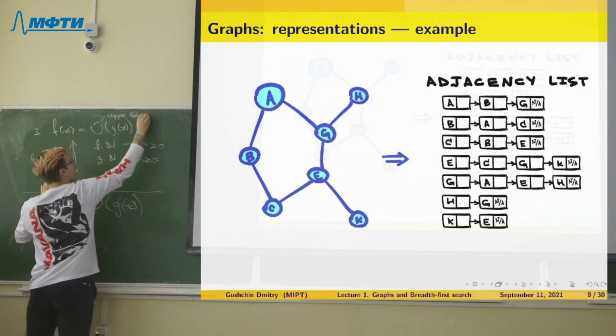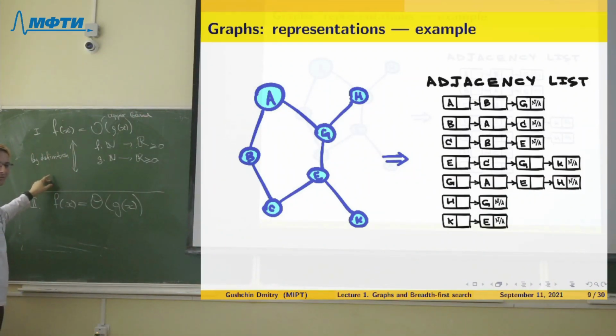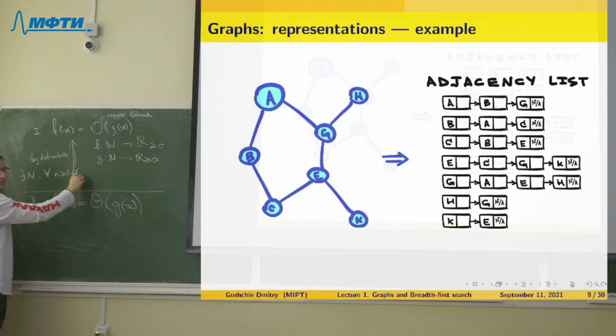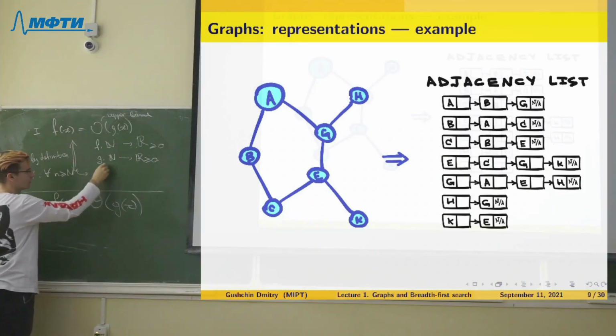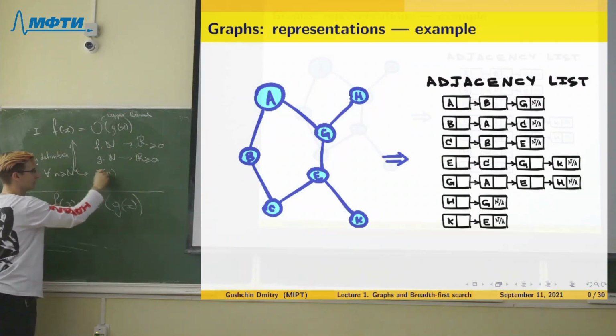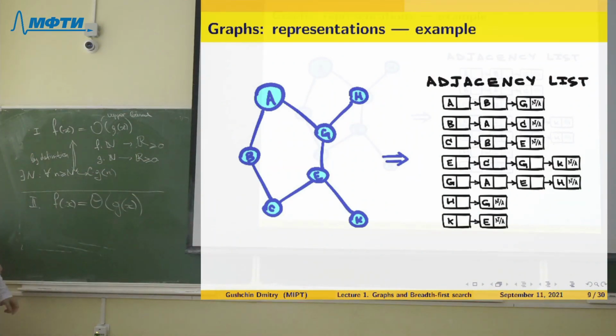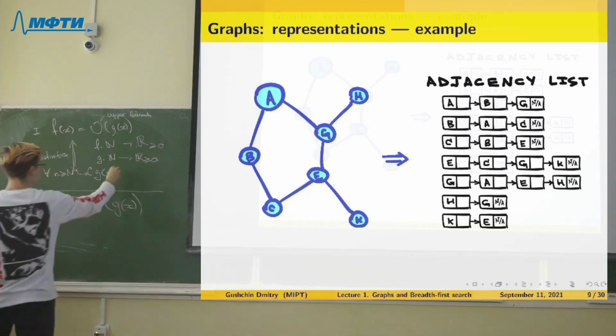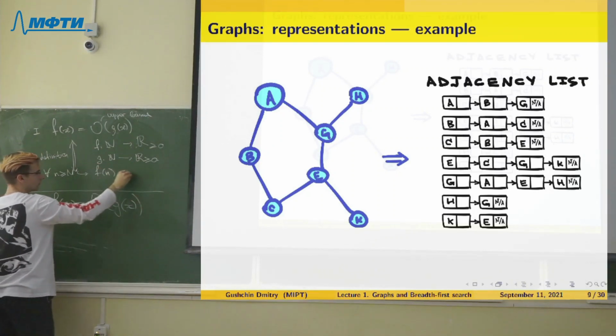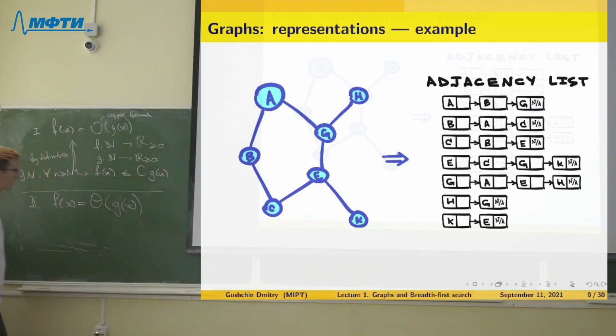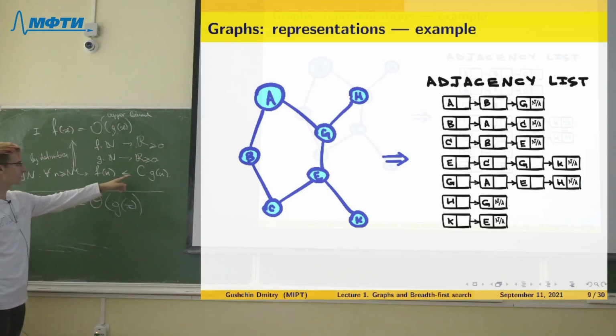Formally, there exists number n big such that for all n bigger than n big, the function f of n is less than c multiplied by g of n.